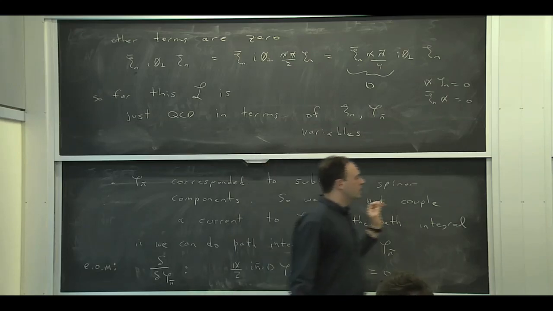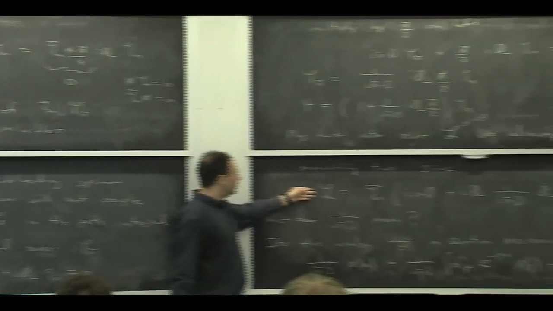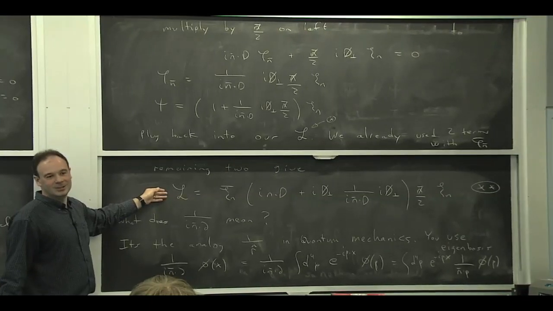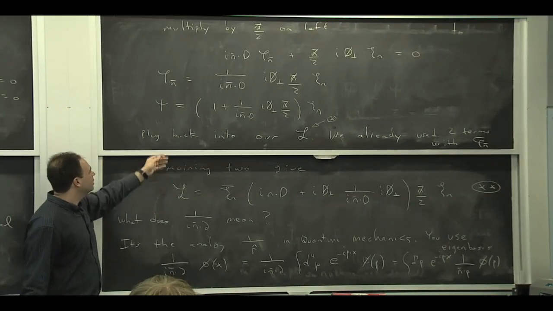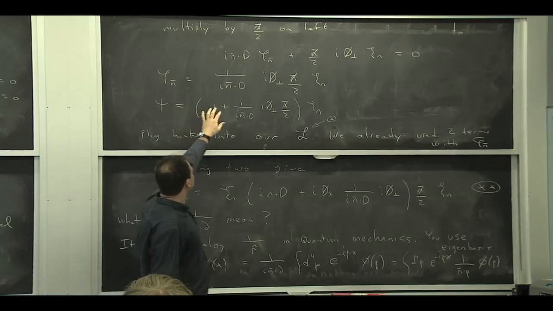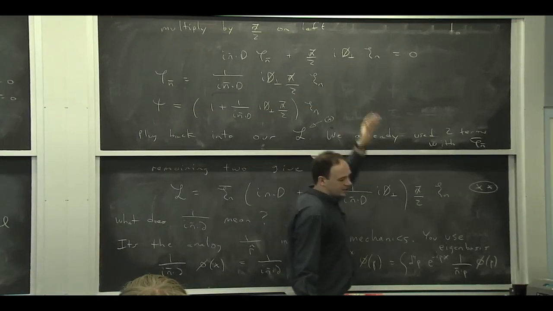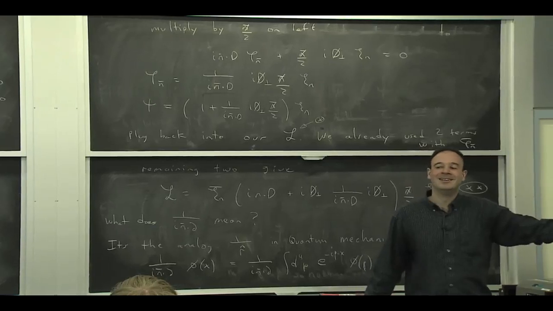But there's a small community of people that actually think about this Lagrangian as the QCD Lagrangian. That's because if I was willing to couple a current to this particular combination of fields, I could still call it QCD.